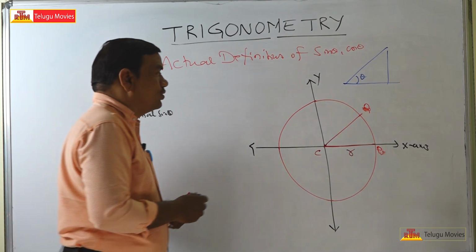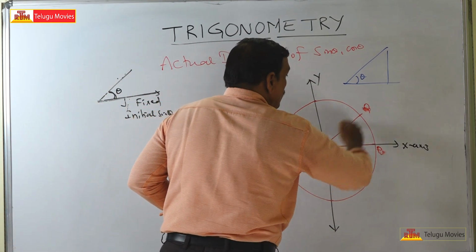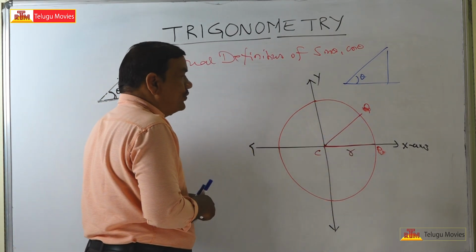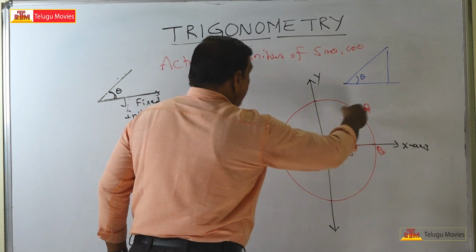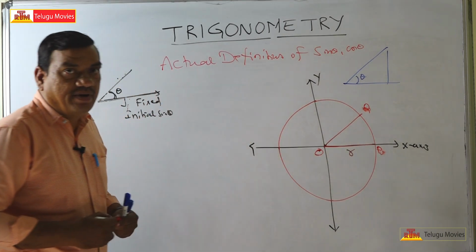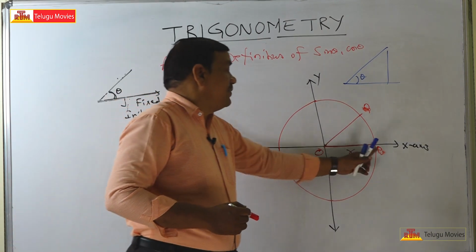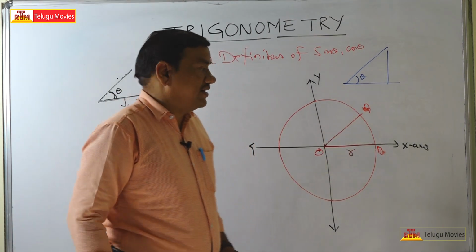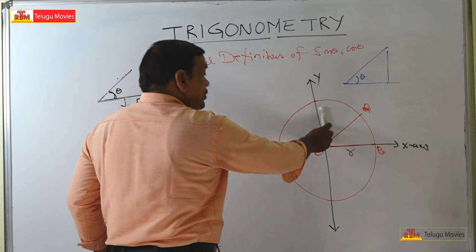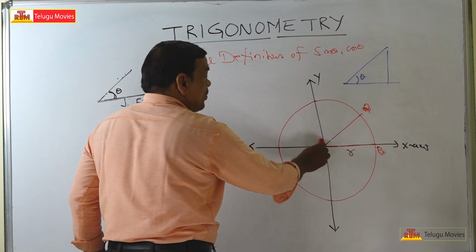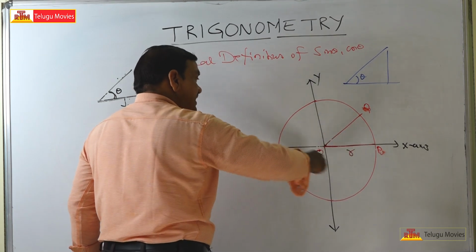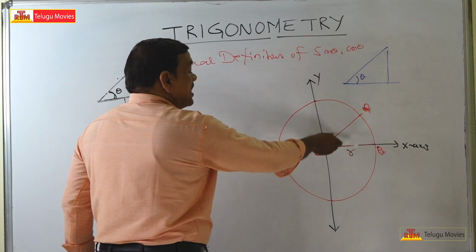So here also I am taking OQ as the terminal side of the angle POQ. Understand? That means OQ will rotate in a positive direction, anti-clockwise, or clockwise.